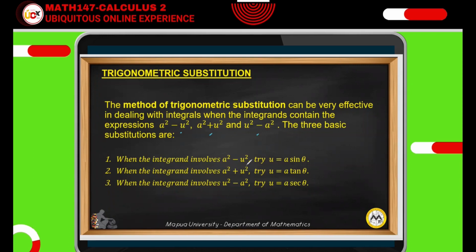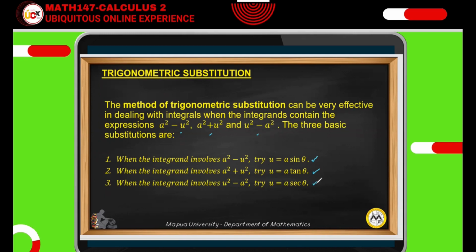First, when the integrand involves a squared minus u squared, we will try u equals a sine of theta. Second, when the integrand involves a squared plus u squared, we will try u equals a tangent of theta. And when the integrand involves u squared minus a squared, we will try u equals a secant of theta.